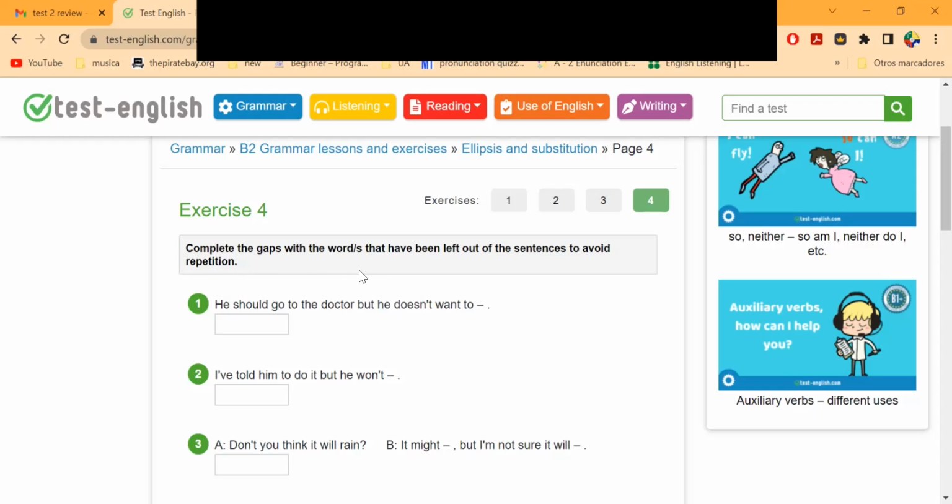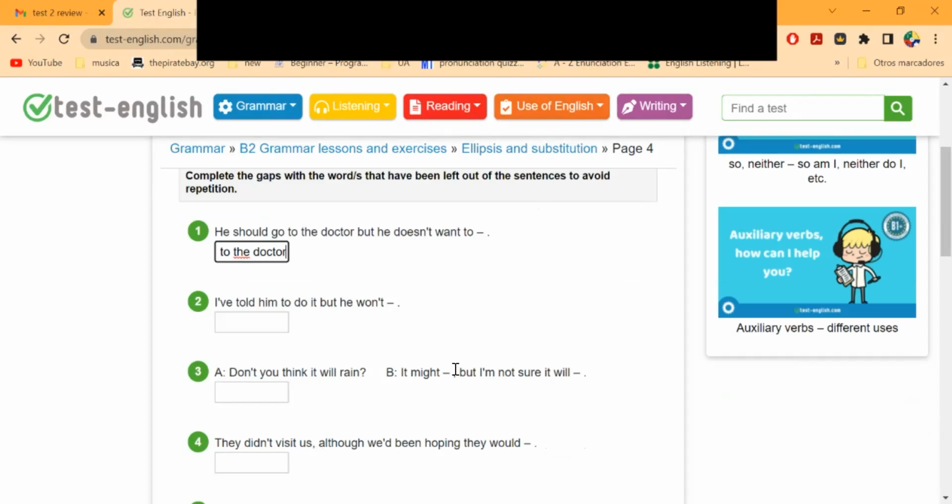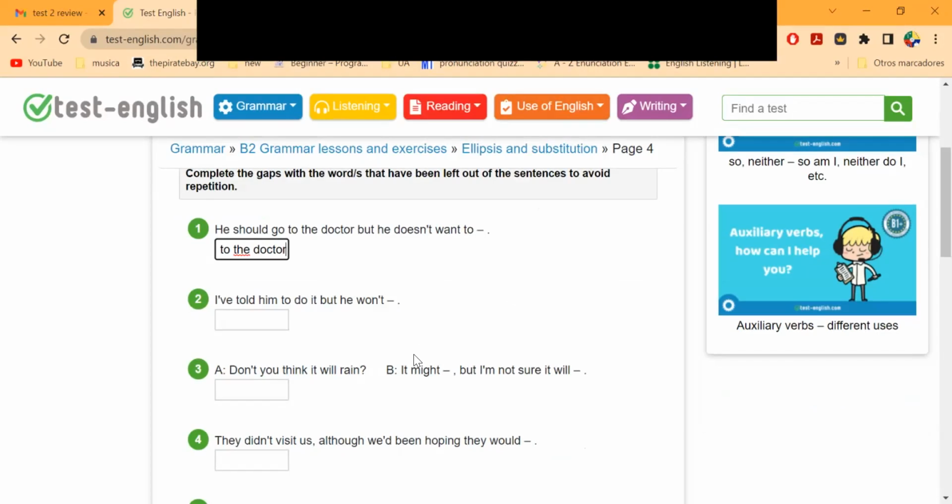Complete the gaps with the words, with a word or words that have been omitted, left out of the sentences to avoid repetition. He should go to a doctor, but he doesn't want to go to the doctor. I've told him to do it, but he won't do it. Yes.